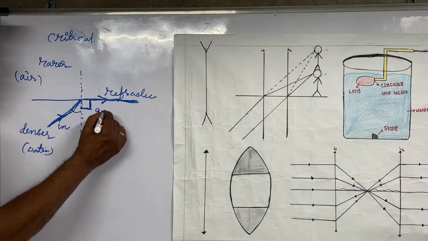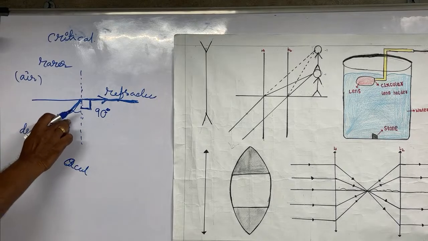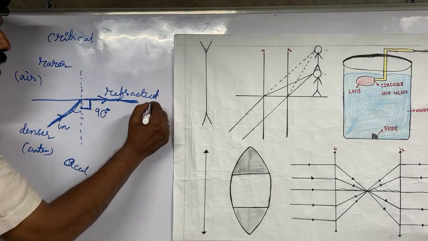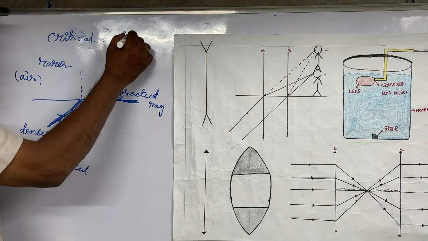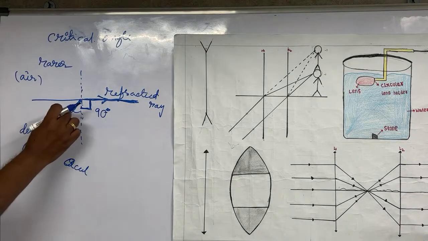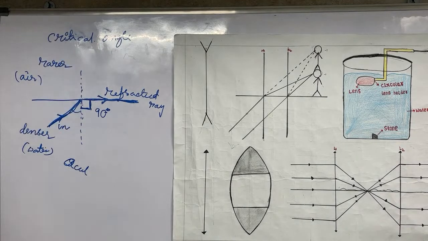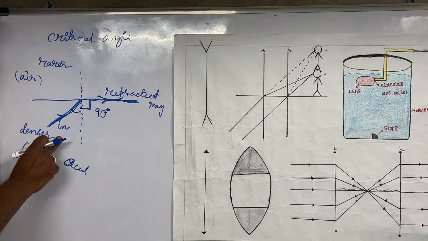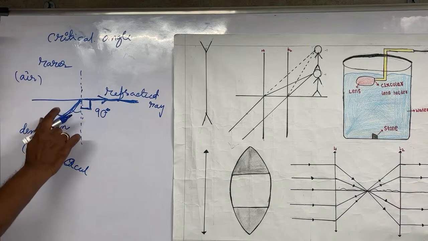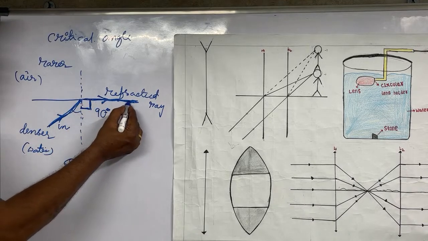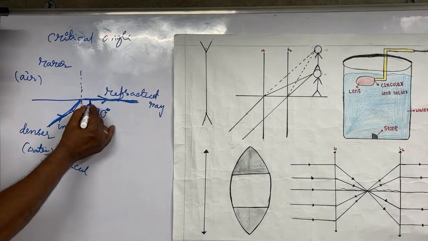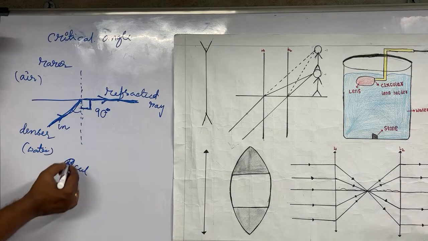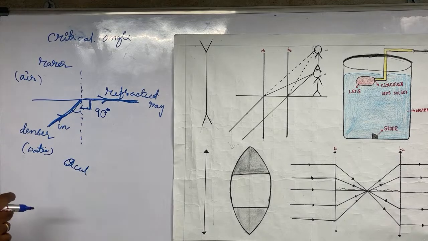So whenever the refracted ray makes a 90 degrees angle, it is called the critical angle. If this ray enters into the rarer medium, we cannot call it a critical angle. This incident ray, after facing the interface, flows along the interface, not entering the rarer medium and making 90 degrees to the normal. This is called the critical angle.